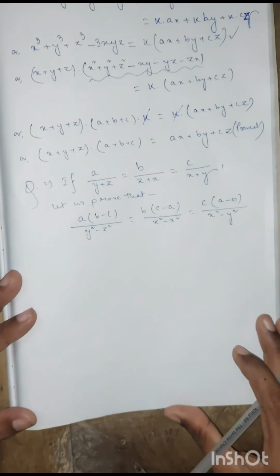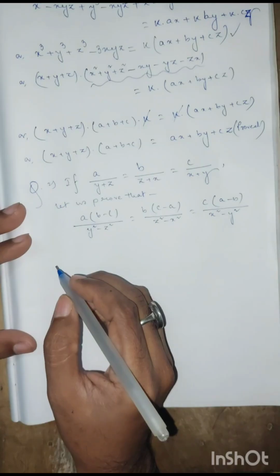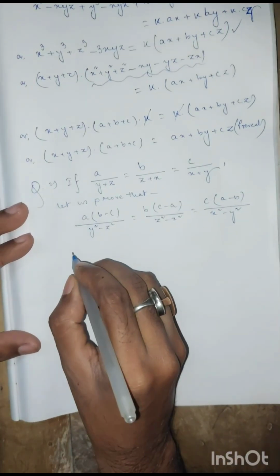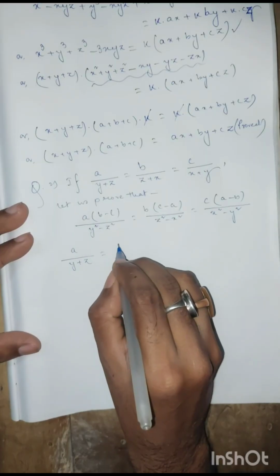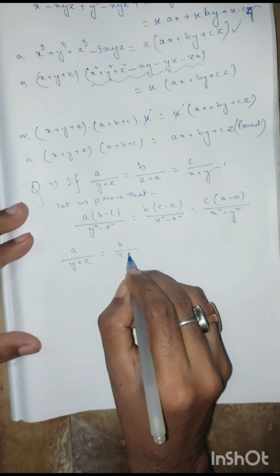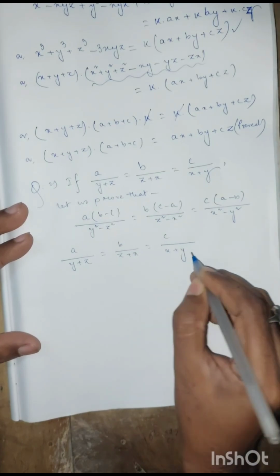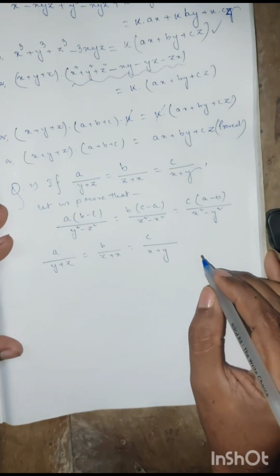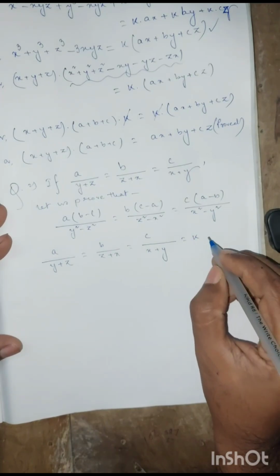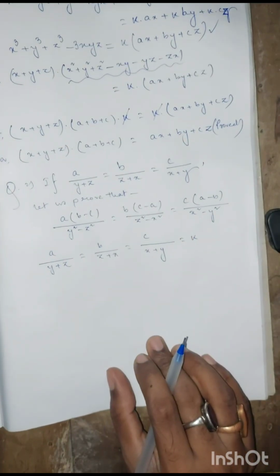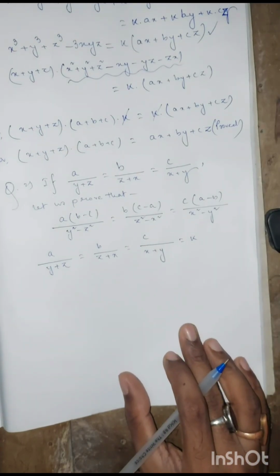So let us solve it. Let us first write a by (y plus z) is equal to b by (z plus x) is equal to c by (x plus y). These three ratios should be equal to a constant. K is a non-zero constant.